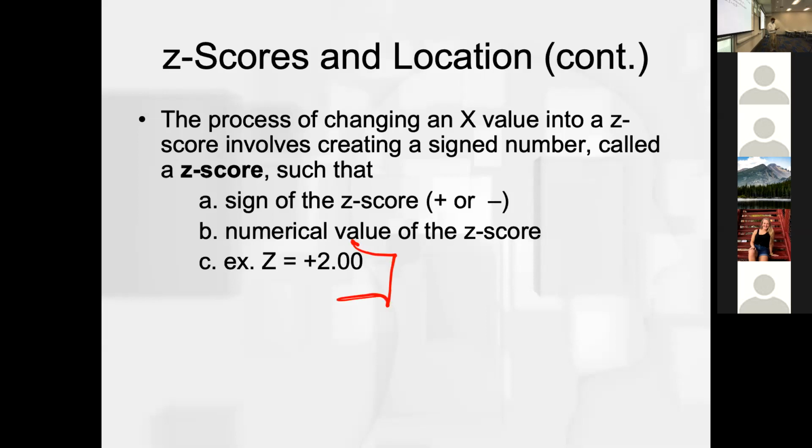And so you'll get something like this here. So this means you've got a z-score of 2. And as you'll see in just a second, what this means is for somebody whose z-score is positive 2, they are 2 standard deviations above the mean.